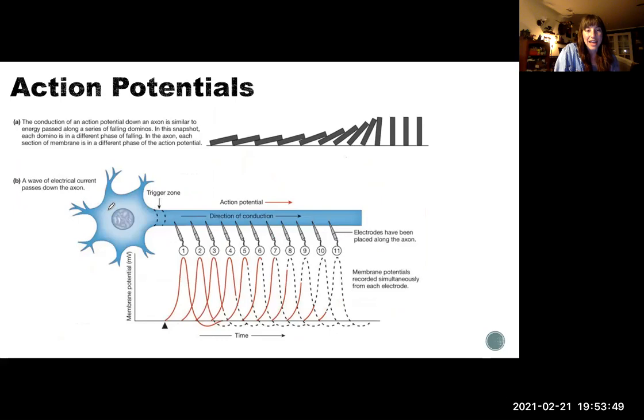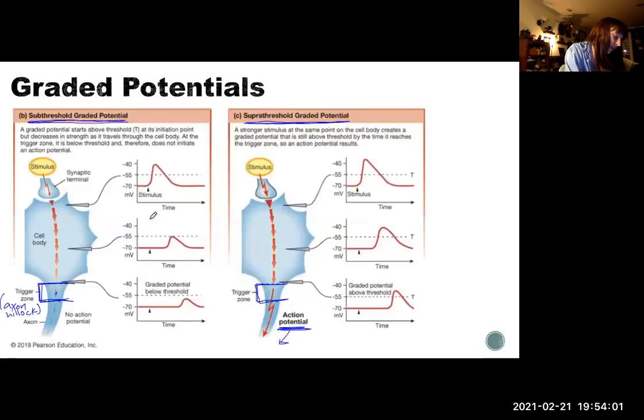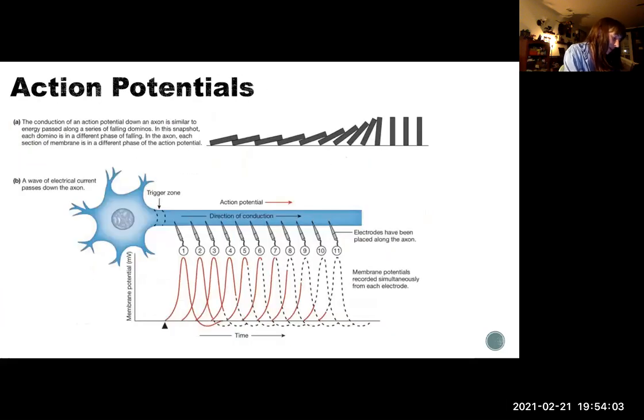So once that graded potential passes through the cell body and reaches the trigger zone at enough strength to surpass the threshold, that is a supra-threshold graded potential, then the action potential will be activated basically at the trigger zone.